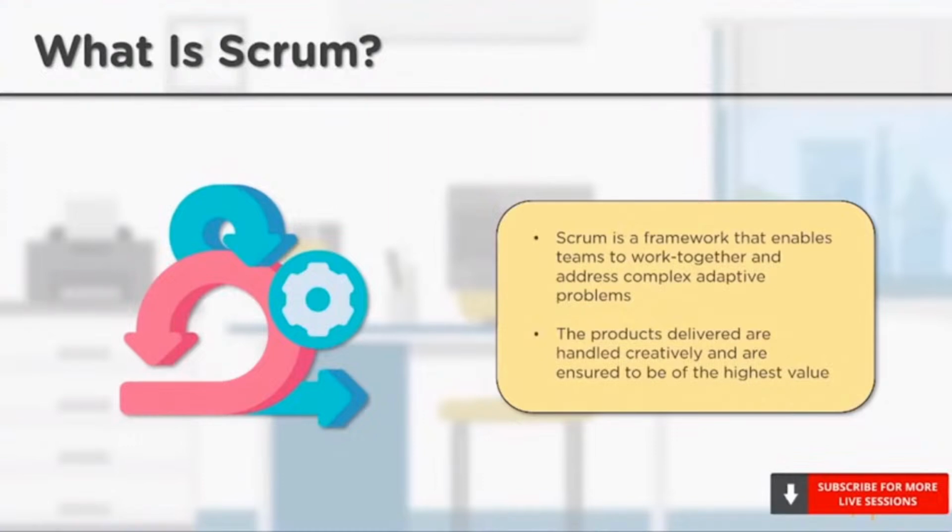The team's progress is measured with the help of a 15-minute long daily meeting called Daily Scrum. During this meeting, team members talk about what they plan to do on that day, what they did the previous day, and what roadblocks they were facing.